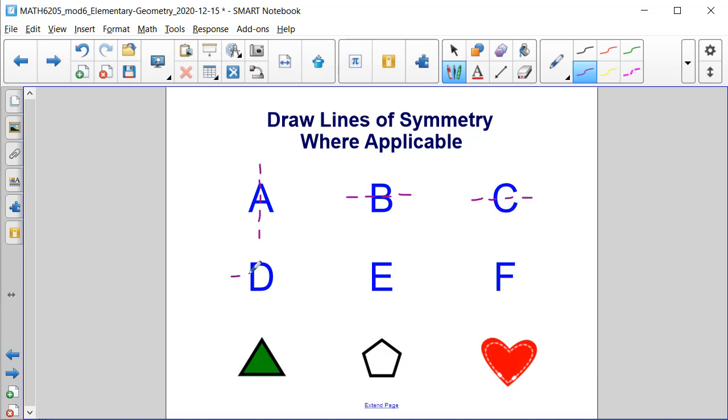The letter D also has that line of symmetry, splitting it into a top half and bottom half. Same with the letter E. You can fold it along the middle line and the top and bottom correspond. The letter F has no line of symmetry.